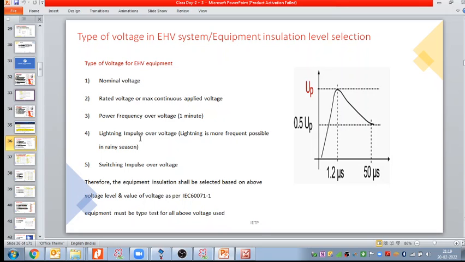The equipment will withstand. Fourth, power frequency overvoltage: if any temporary overvoltage comes on the equipment, the equipment again will not flash over and will withstand that temporary overvoltage without fail. And third, switching impulse: if we are switching an ultra high voltage or 400 kilovolt system, then switching transient or surge will come on the equipment, and the equipment should withstand the switching surge voltage also.